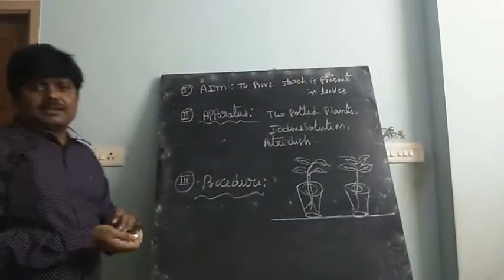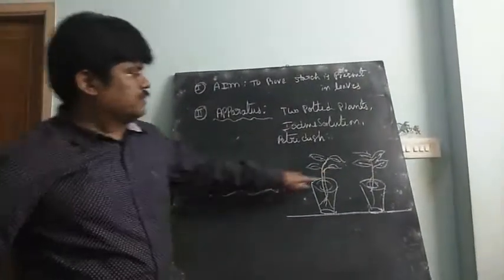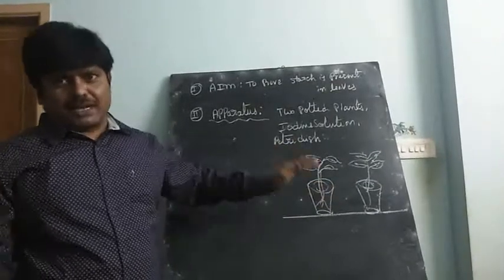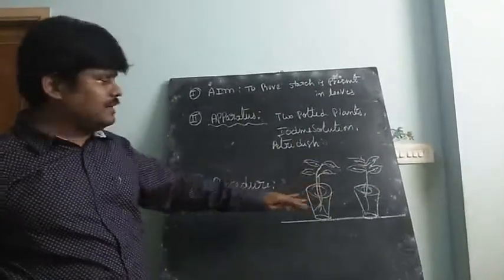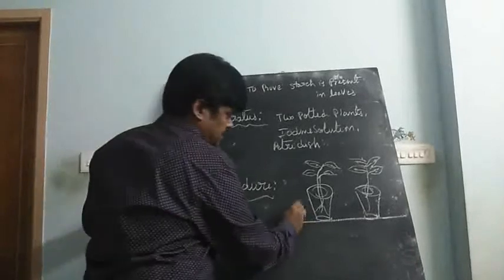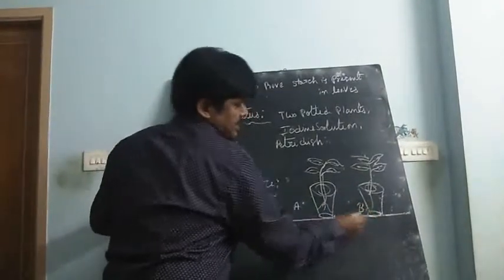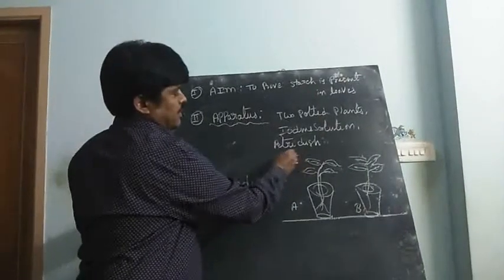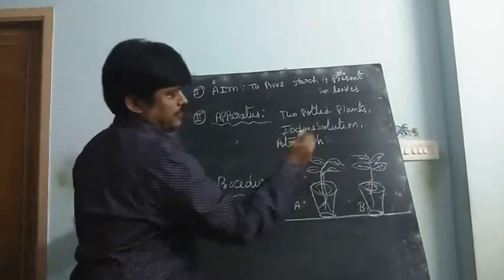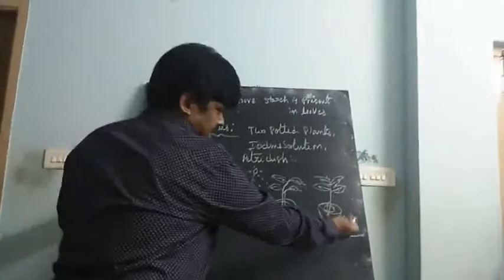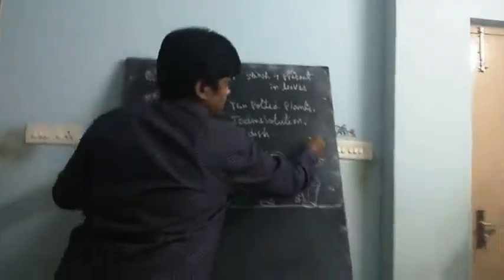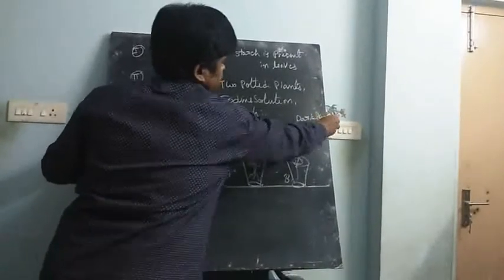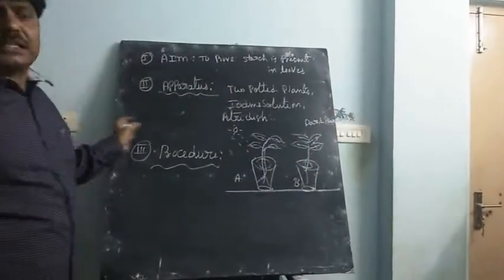Now the procedure. We select two potted plants of the same kind, denoted A and B. One potted plant is kept in the presence of light. The other is kept in a dark place, like in a box or a shady place.